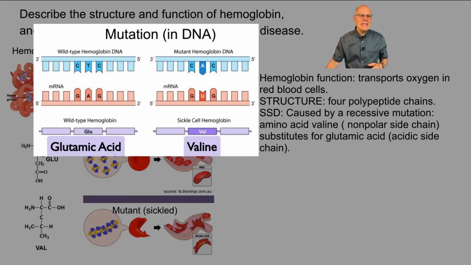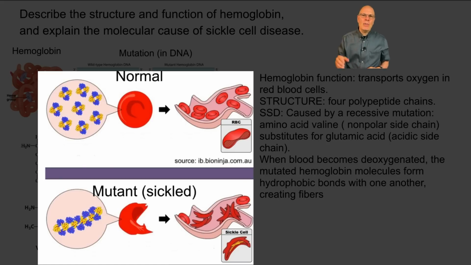But the key idea is that there's a mutation that causes the amino acid valine over here to substitute for glutamic acid. And that's an important mutation because glutamic acid is acidic, whereas valine is non-polar. The result of that is that when blood becomes deoxygenated, those mutated hemoglobin molecules form hydrophobic bonds with one another.